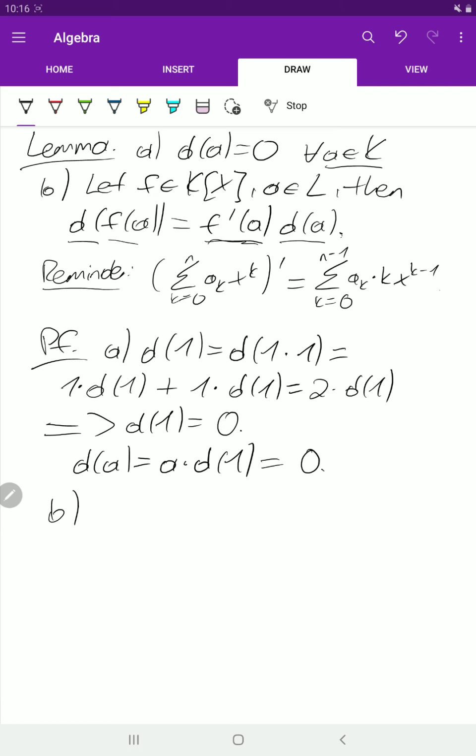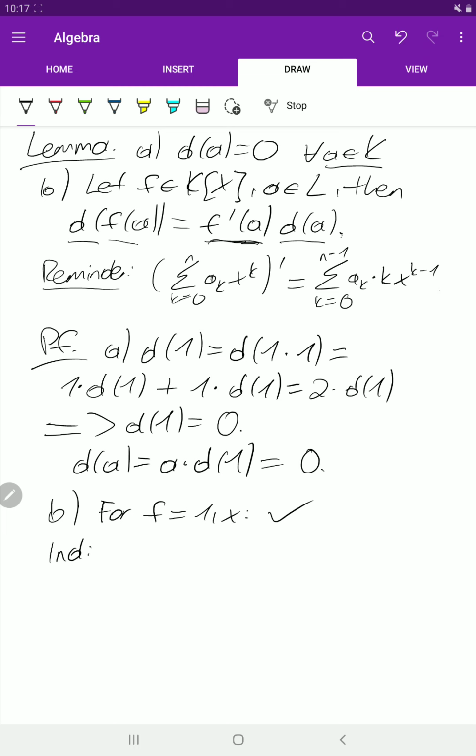And also for f equal to x, it's also clear. So that's good, because for f, then we have just D of A, and here we have 1 times D of A. Okay, and now we use induction.